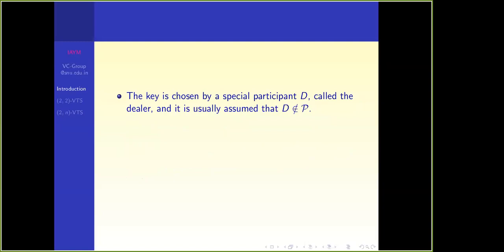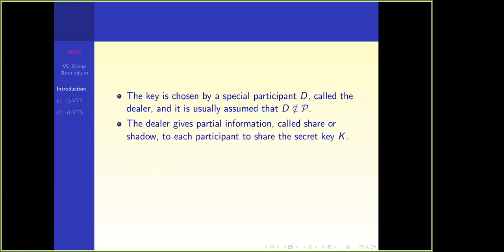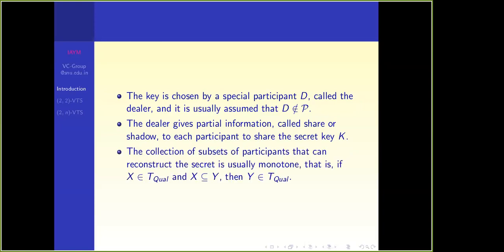One of the main things is that there is a special participant D called the dealer. He has the secret. Generally we assume that D does not belong to the participants. Since D knows everything, the dealer gives partial information, called a share or a shadow, to each participant to share the secret key.